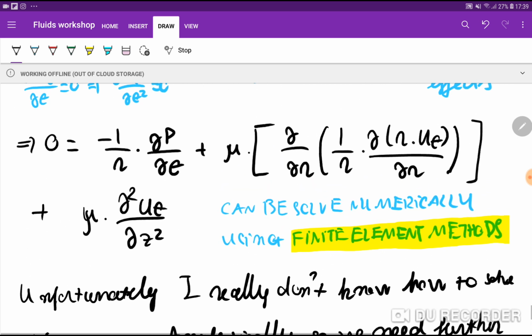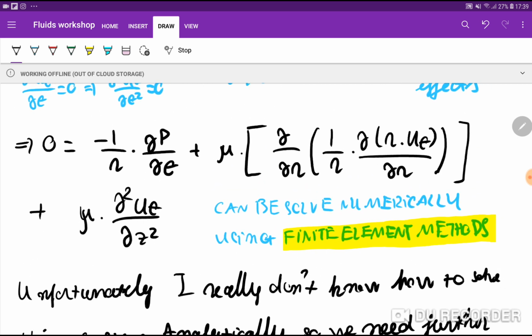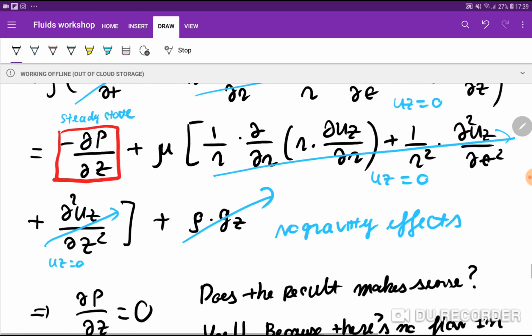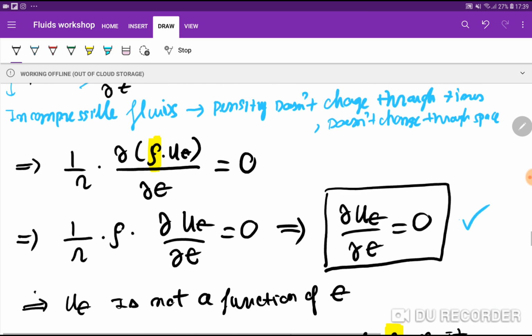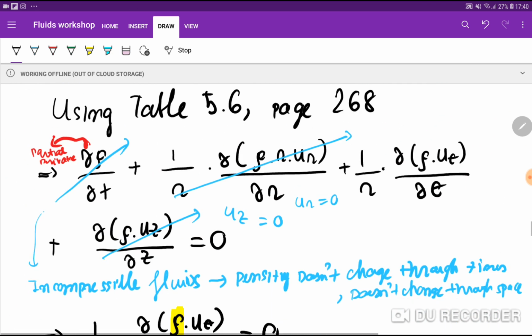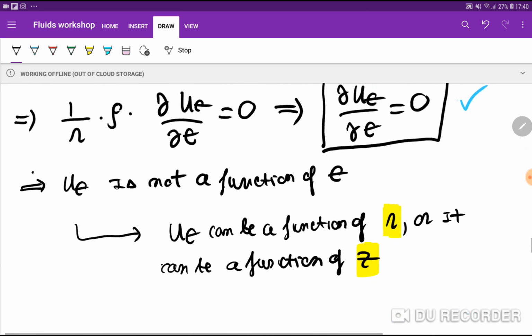The first assumption we will make is, let me see. Okay, y'all remember part A? Let me go back. Actually part B. You remember u theta can be a function of r. It can either be a function of r or a function of z. I think this is part 1 or part 2 of the videos. You can go ahead and check, it's week 11.